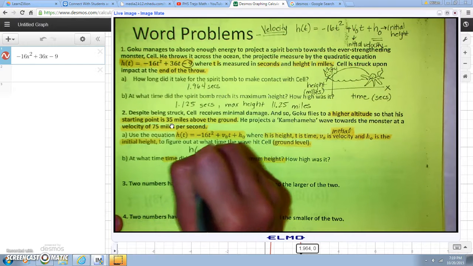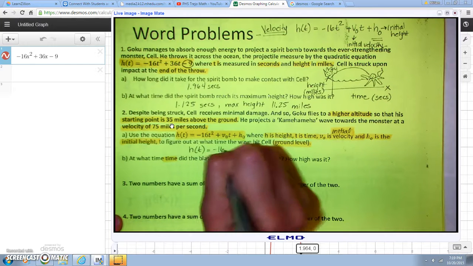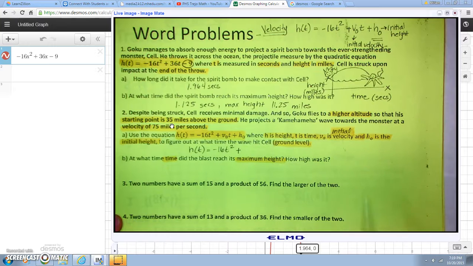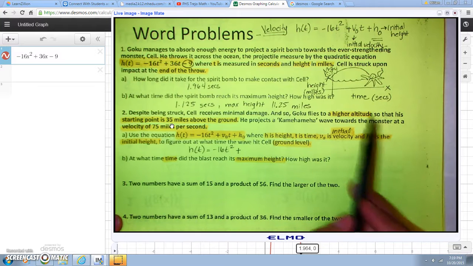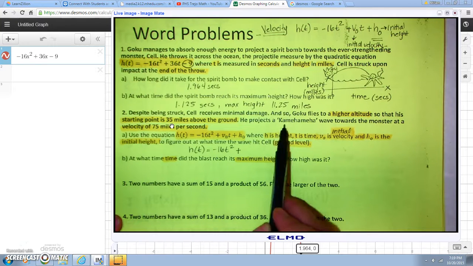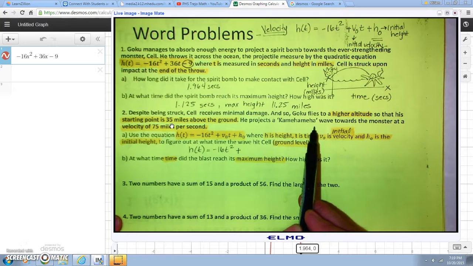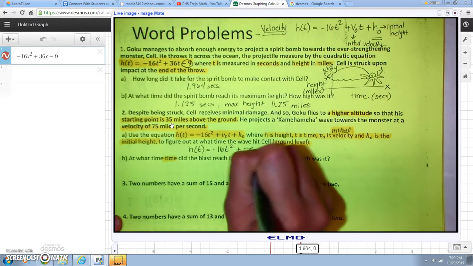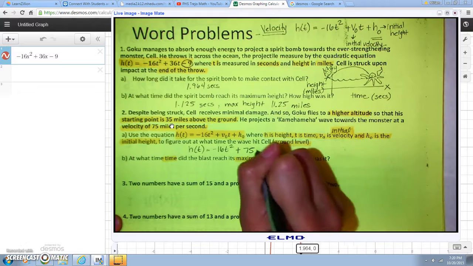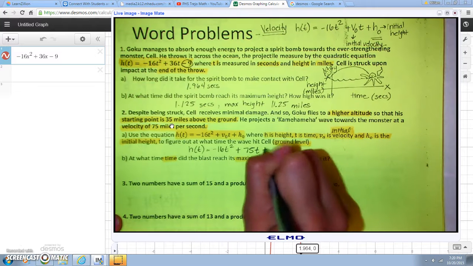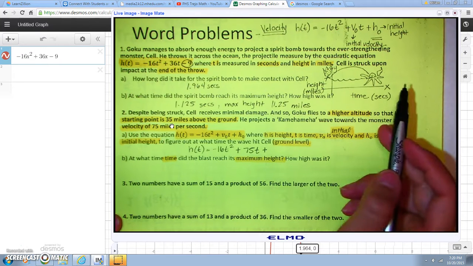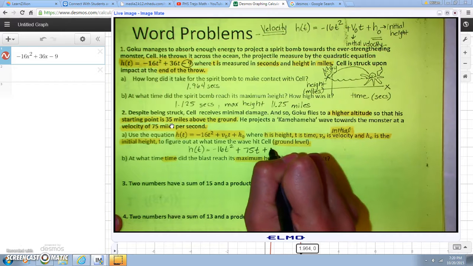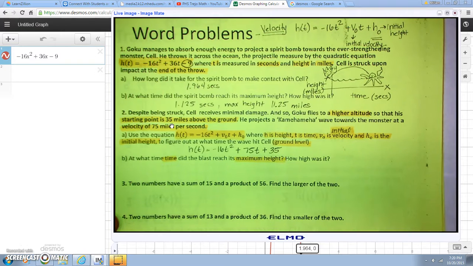So your function is going to be -16t squared plus, what's the initial velocity? He projects a gamma, whatever that is, wave towards the monster at a velocity of 75 miles per hour. So 75t plus the initial height, h0, was 35 miles above the ground.